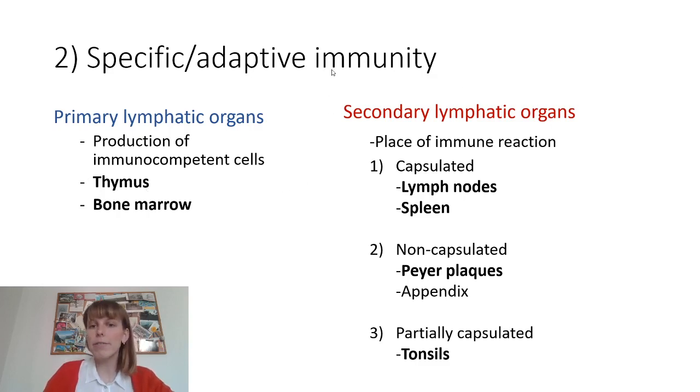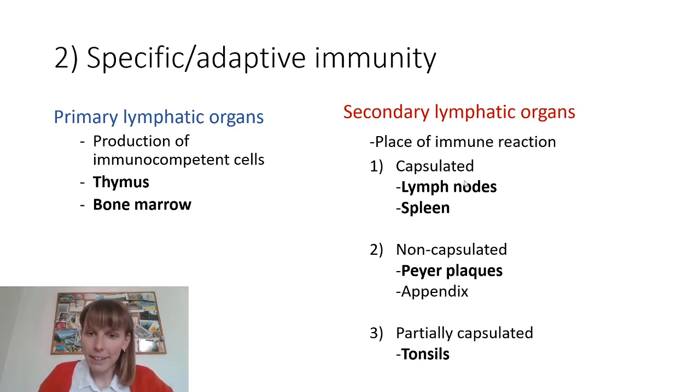And secondary lymphatic organs, we have more of these, and these are the places where you have the already mature immune cells and where they are actually doing the immune reaction. So these can be also divided once more into three groups, because they can have a capsule, or they don't have a capsule, or they have a partial capsule.